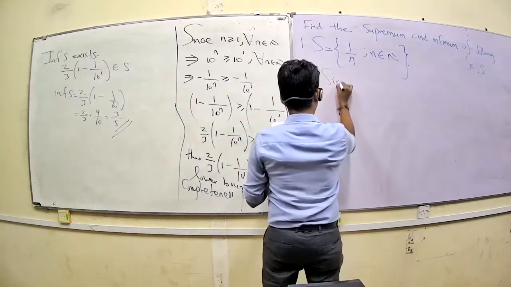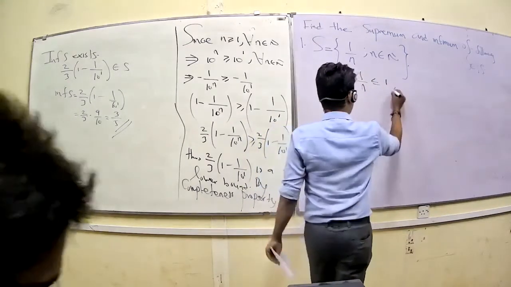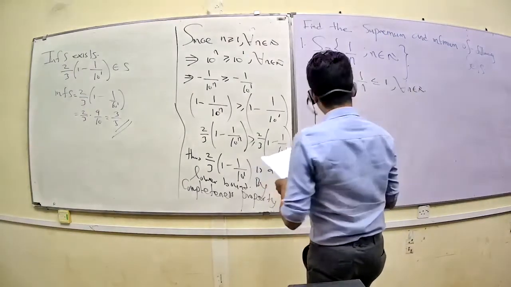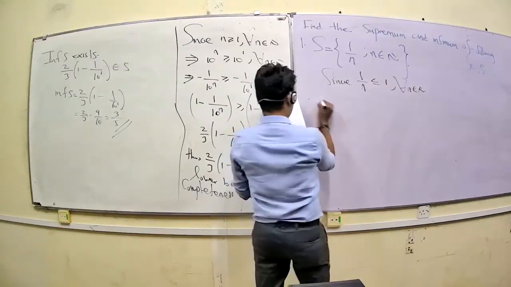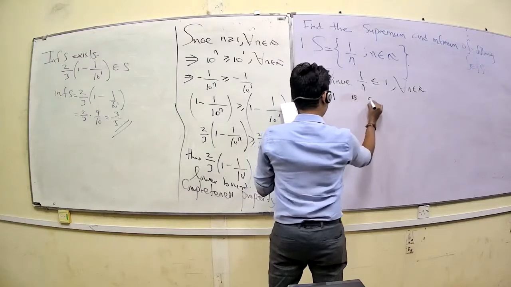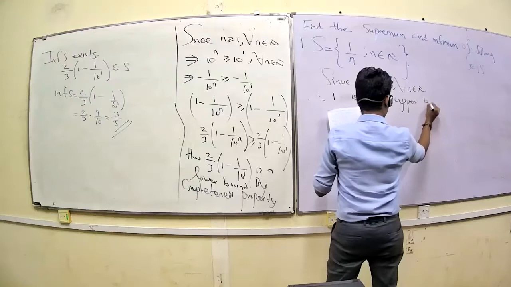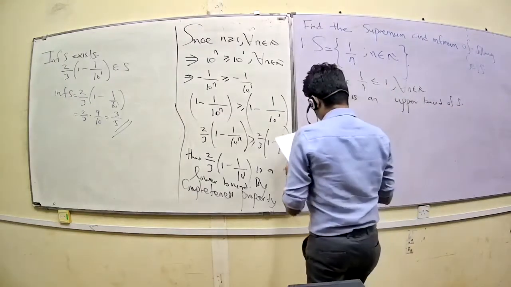Since obviously 1 over n is less than or equal to 1 for all n belonging to the natural numbers, therefore 1 is an upper bound of S.